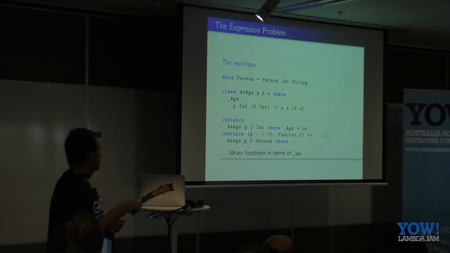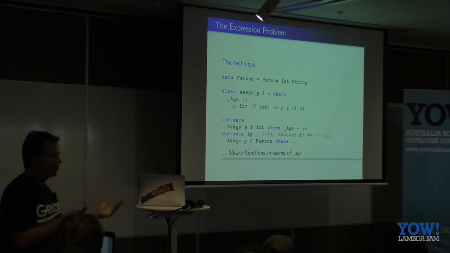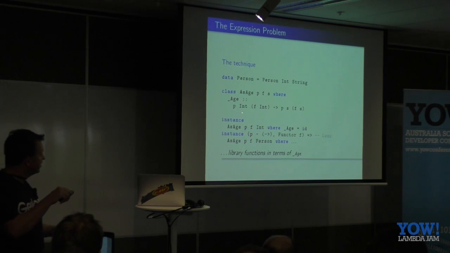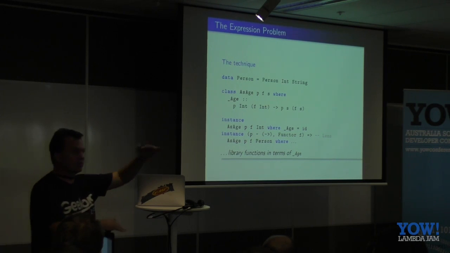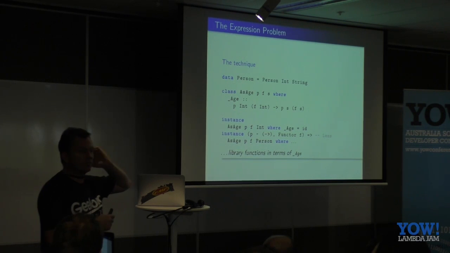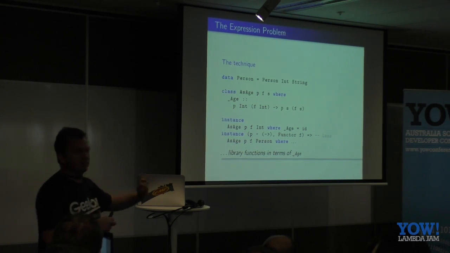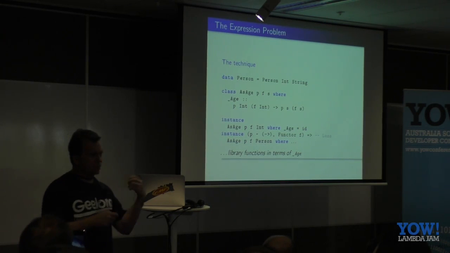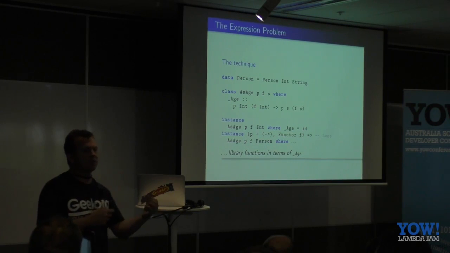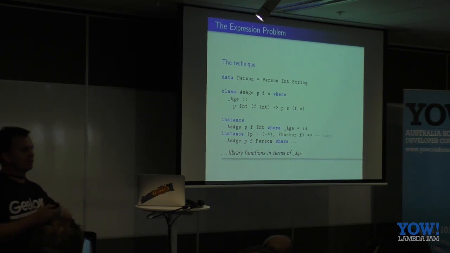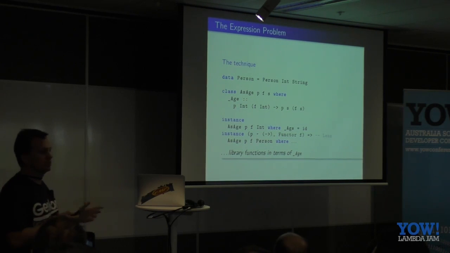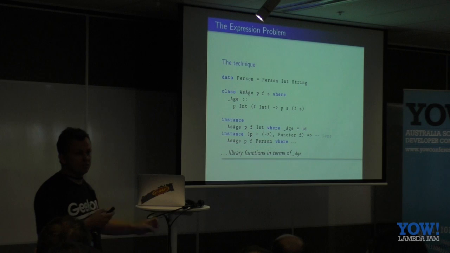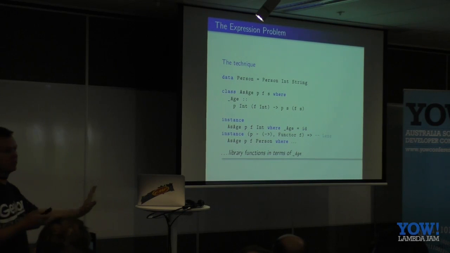And so we can now write this instance, and then we write our library functions in terms of this function here. So when we see the type signature of our functions, it doesn't say person, it says something that could be viewed as if it had an age. So then we can add constructors to person, we can add fields to the constructor that already exists, and so on, without having to change those functions.